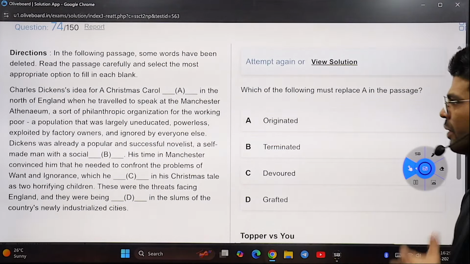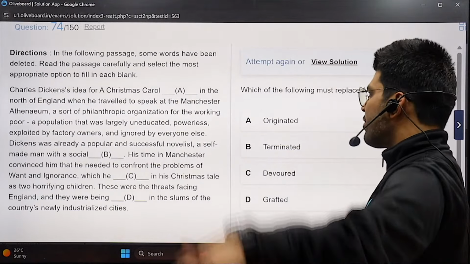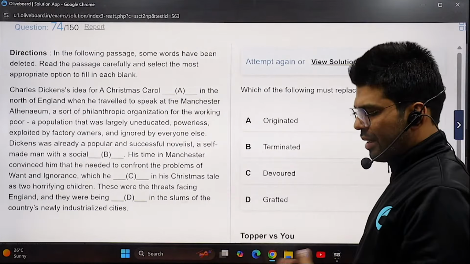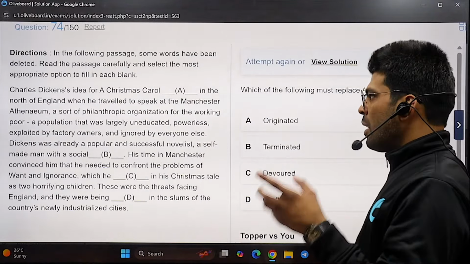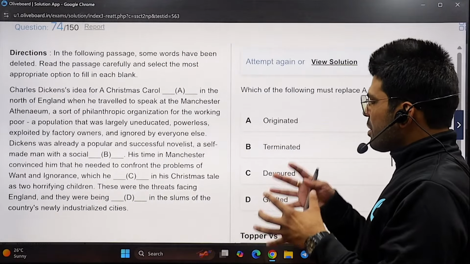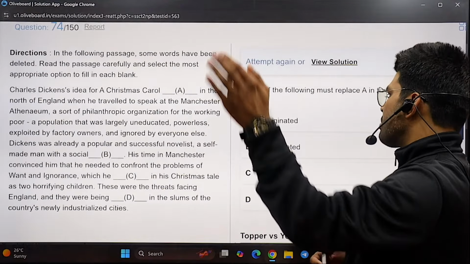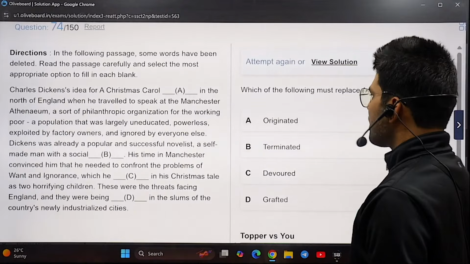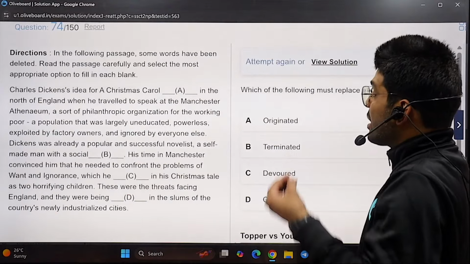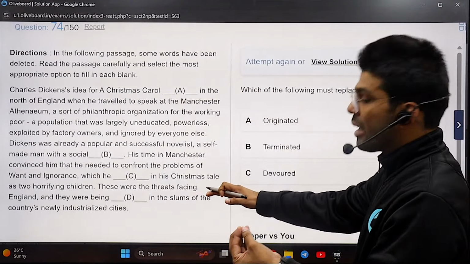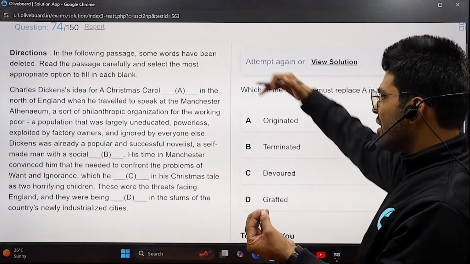Obviously, this idea came from, originated from, obviously, we say that this idea came from. So, Dickens' idea for a Christmas carol blank space in the north of England when he traveled to speak at the Manchester and such. Originated, not bad. The origin of the idea. Terminated, then it should not go ahead, but it has been discussed in the passage, so it didn't finish here, it started here.